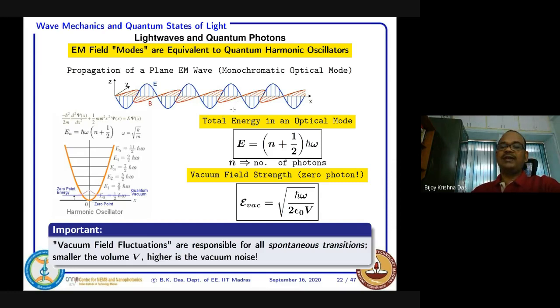So this n here actually represents the number of photons in that mode. Clear? So you can see that in any monochromatic optical mode, when the electric field strength or magnetic field strength is increasing, that means you can imagine that the number of photons is increasing in that particular mode.